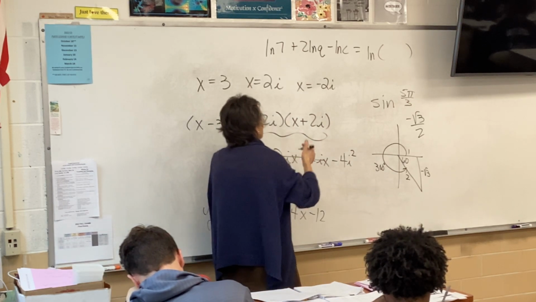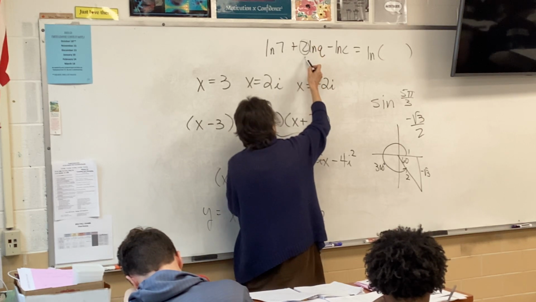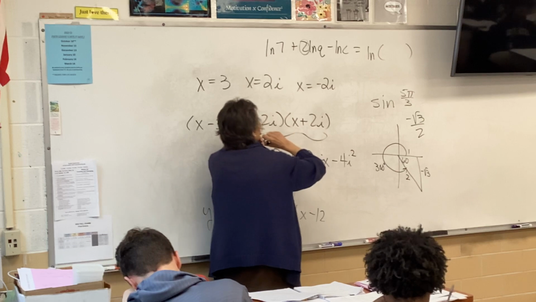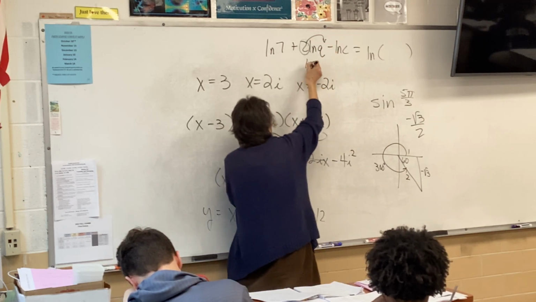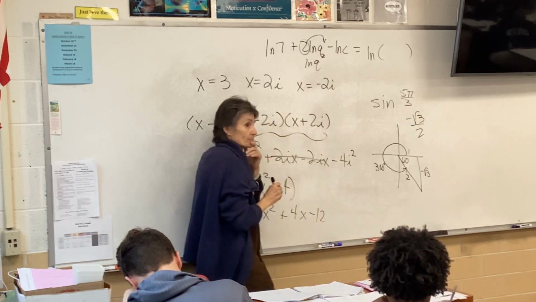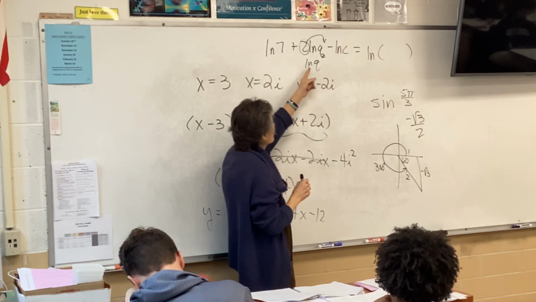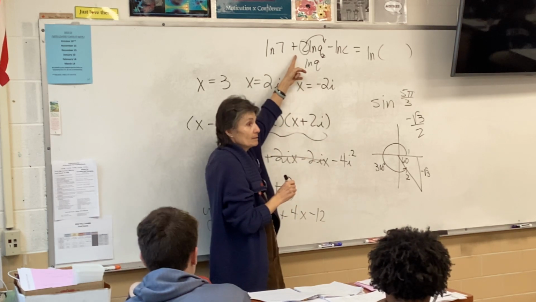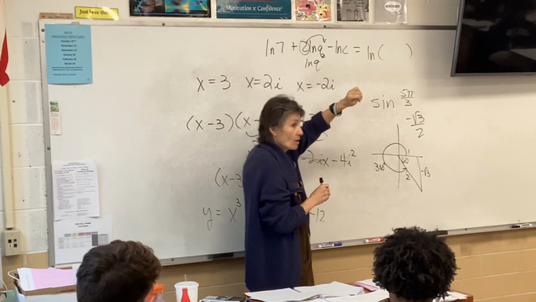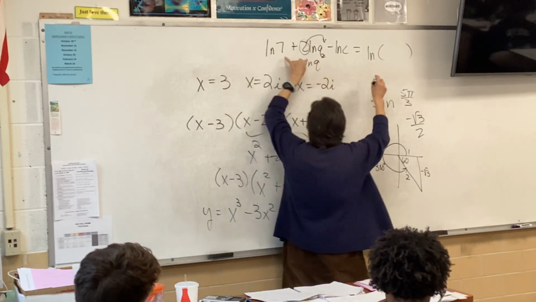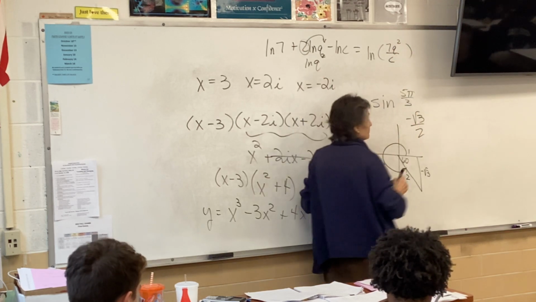So before we do that, we have to remember that coefficients out in front, like this 2 right here, represent what? Exponents. So that's really a q squared. Then we have to remember that when logarithms are added, the numbers are multiplied, and when they're subtracted, the numbers are divided. So I'm going to have 7q squared over c.